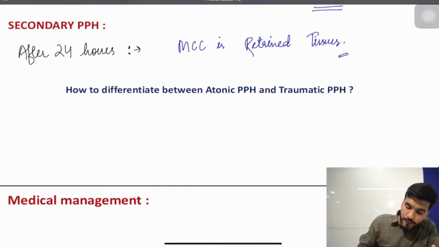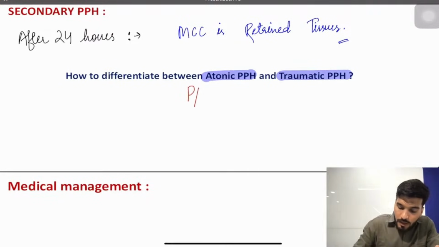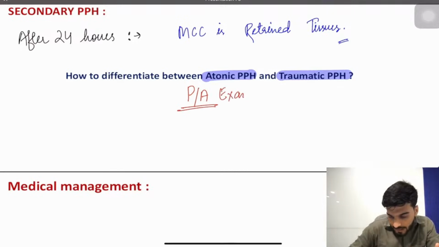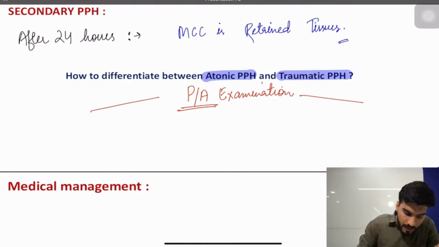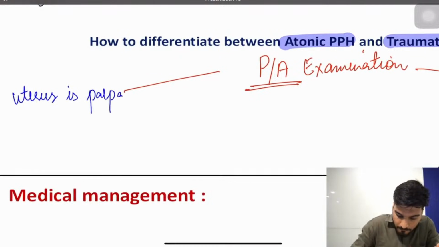Okay, now how to differentiate whether the PPH is atonic PPH or traumatic PPH? We go for a per abdominal examination. On per abdominal examination, if the patient has a palpable uterus, the answer is traumatic PPH.